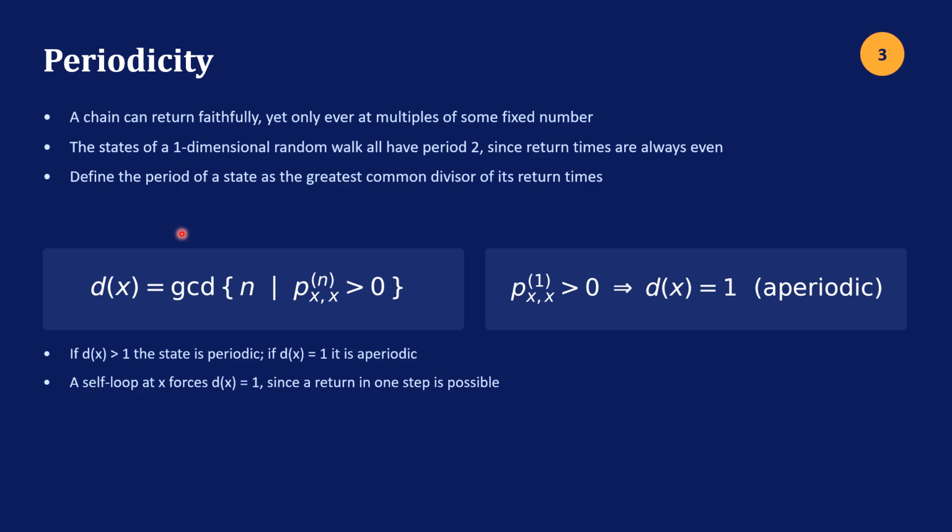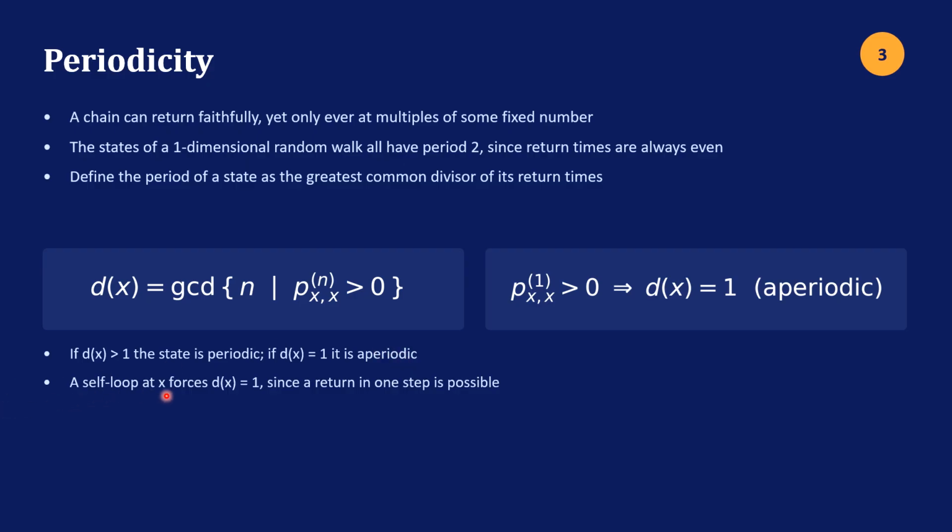The formal definition is the period of a state is the greatest common divisor of its return times, written more formally like this. And then we say if the period is greater than 1, the state is periodic, and if the period equals 1, then the state is aperiodic.